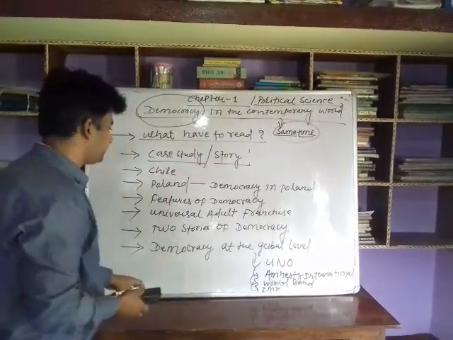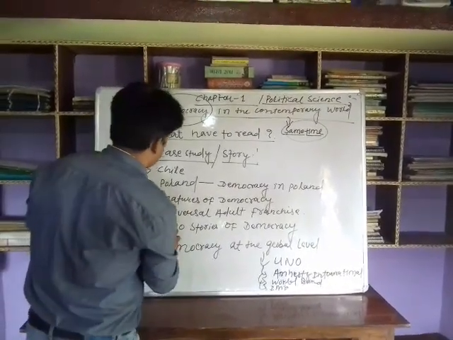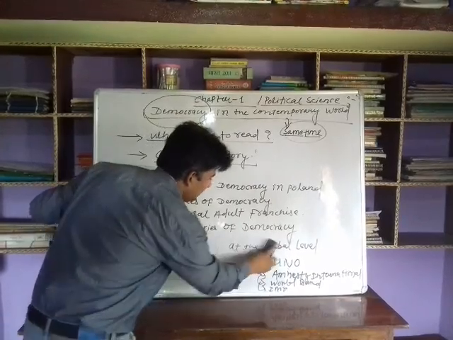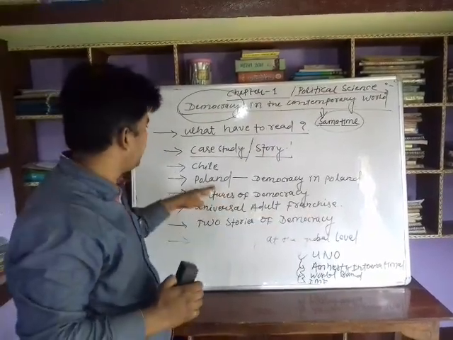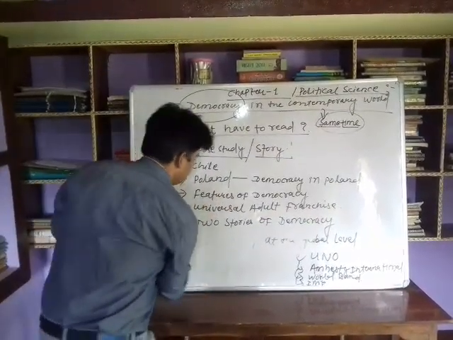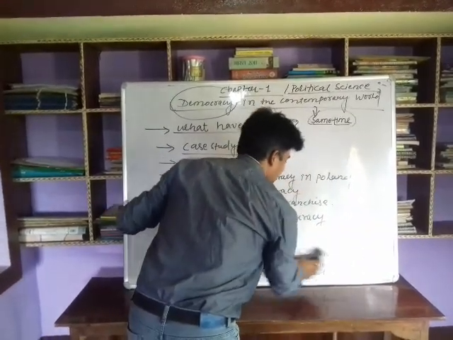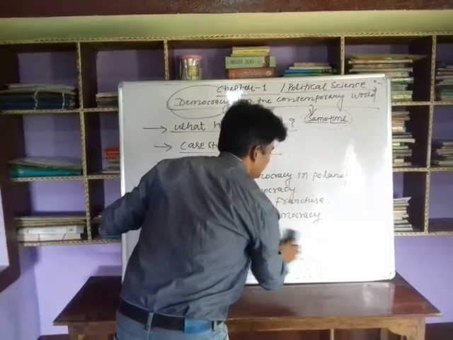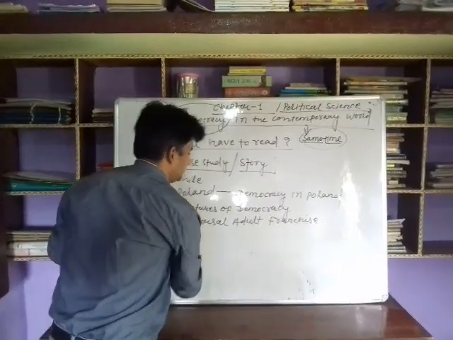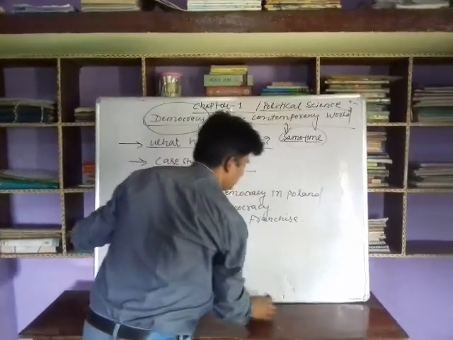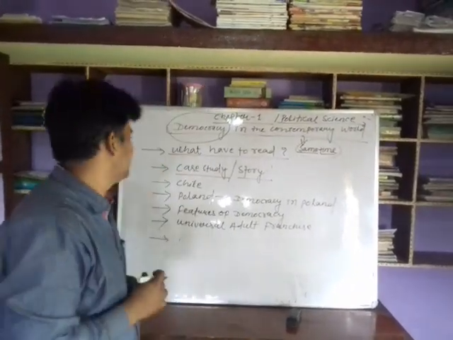Next we see another topic. We analyze every topic in detail. First we see what I have to read in this chapter. Then we see the meaning of democracy.